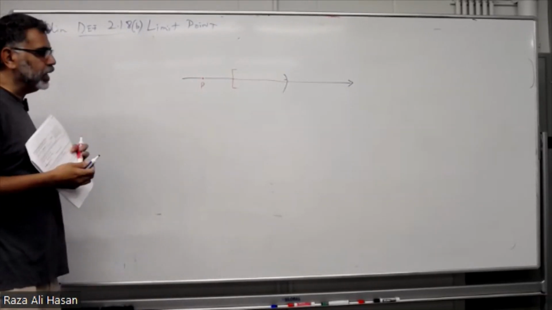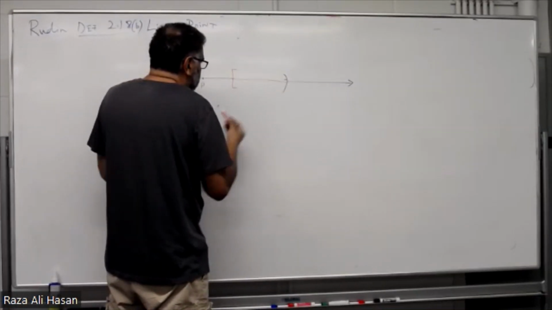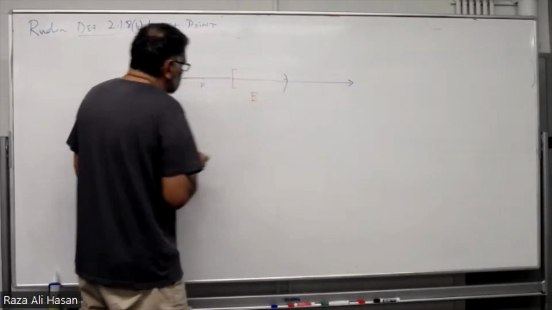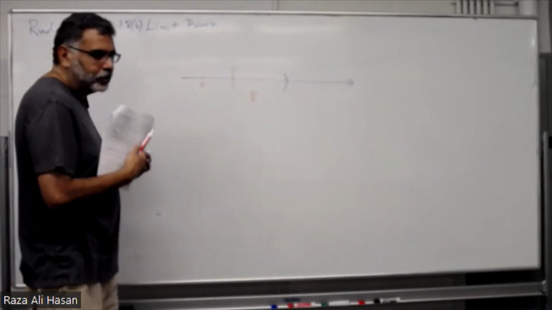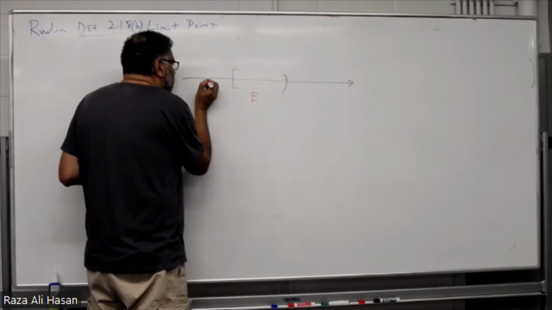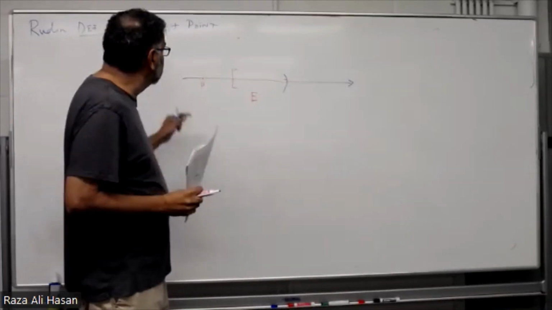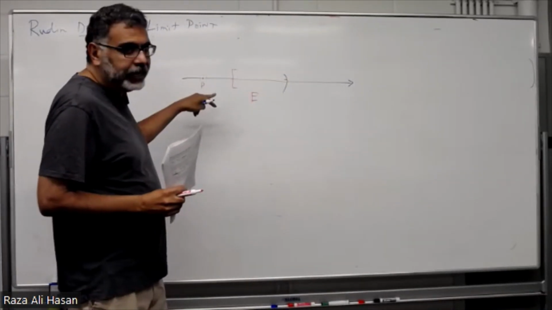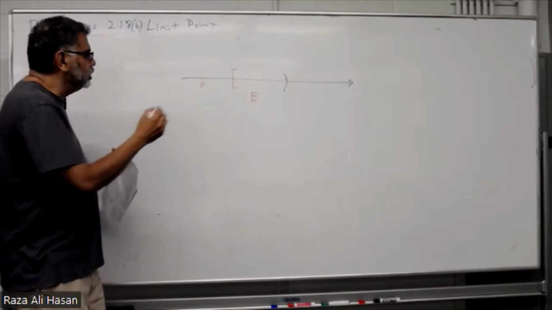P is an element of set E here, and this is not a limit point because its neighborhood, for every epsilon, does not contain other elements Q. There is no Q here.